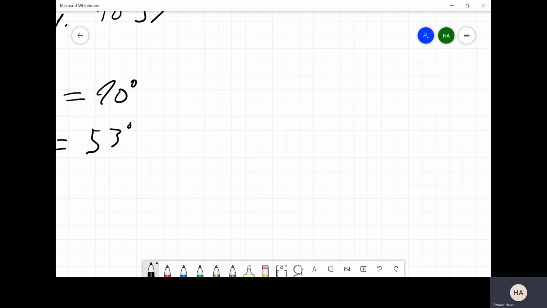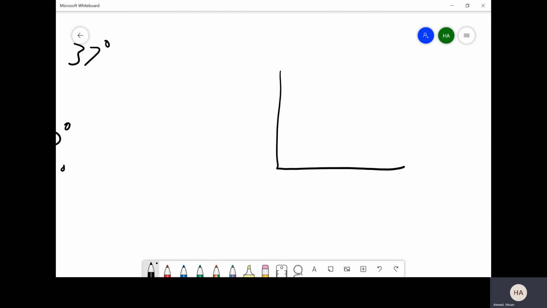Another good visualization of this is if we're talking about a right angle here, right? So this is supposed to be a 90-degree angle. Say we have some angle here, and I don't know what it is, right? Or even better, just sticking with the example, we can say this is 37 degrees. Then there's some other angle that exists, which I'll highlight in blue here.